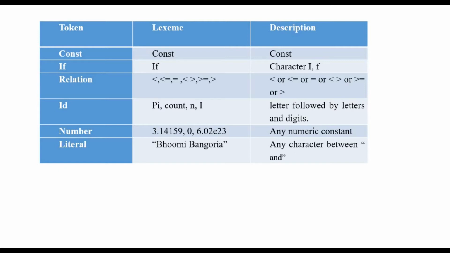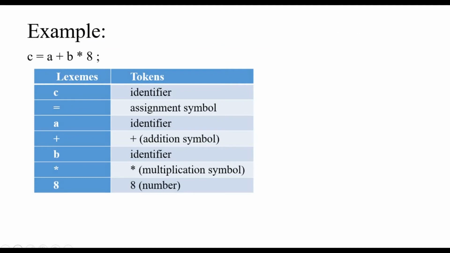So next is an example, like C is equal to A plus B into 8. Then how is this source program identified by the lexical analyzer? It scans the source program from left to right. First is C, which is one type of identifier.